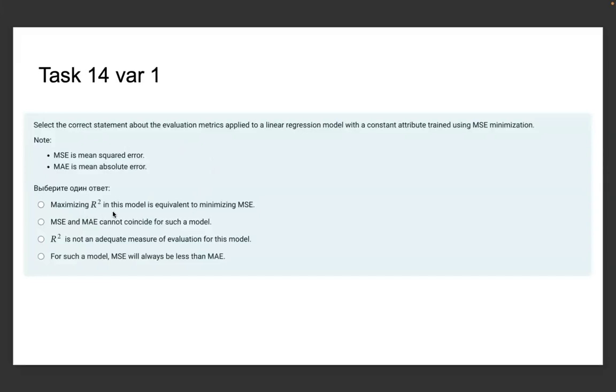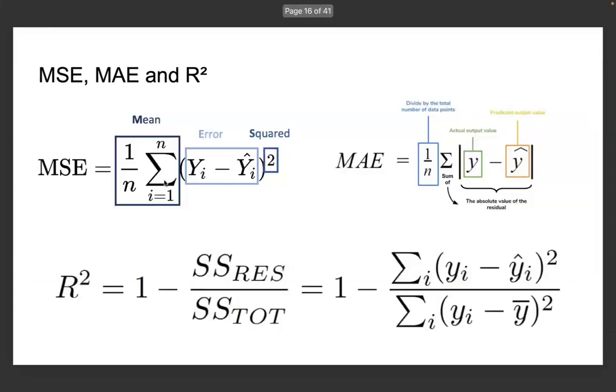Maximizing the R square in this model is equal to minimizing MSE. So we know the formula of MSE. If we drop this part, we can see that it is equal to this. And when we are maximizing R square, this part has to become minimized. So we have to minimize MSE.